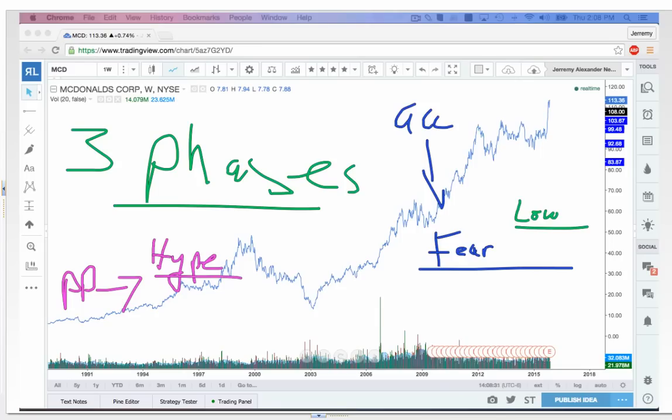Man, that thing's really moving. At this point, everyone's really excited about the overall move. So public participation is about the hype. That's where the money is often made, in the public participation phase of the market. So you have accumulation, public participation, and then this one, distribution.